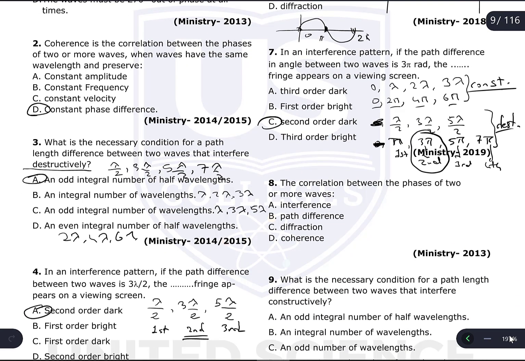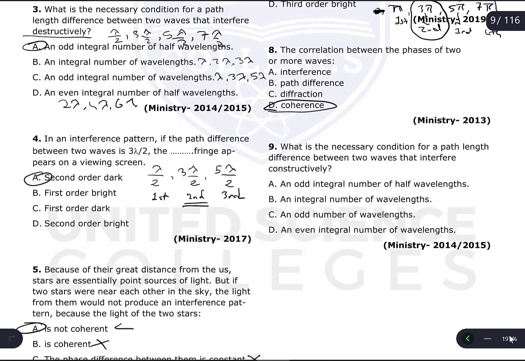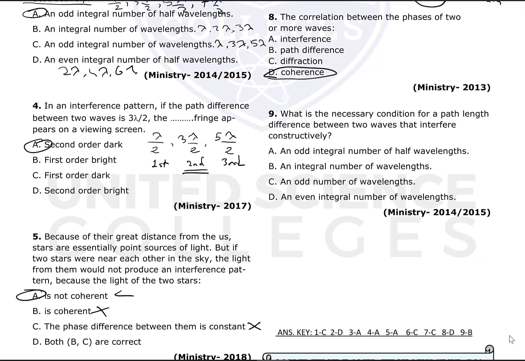The correlation between the phases of two or more waves, this is the definition of coherence. What is the necessary condition for the path length difference for two waves to interfere constructively? An odd integral number of half wavelengths is the condition for destructive interference: lambda over 2, 3 lambda over 2, 5 lambda over 2.